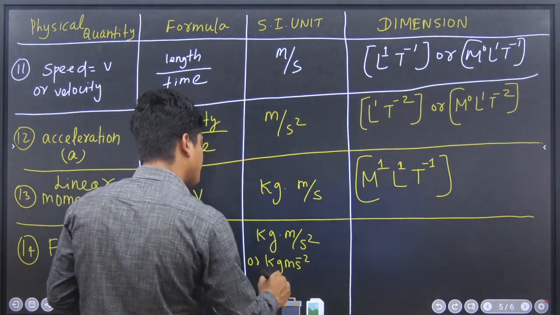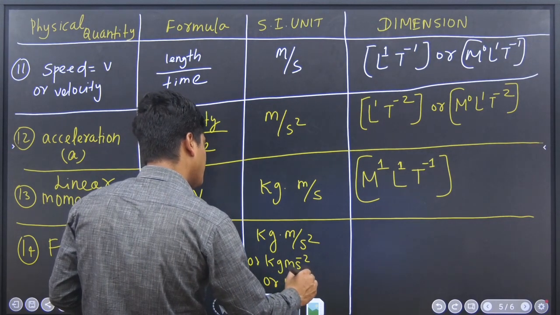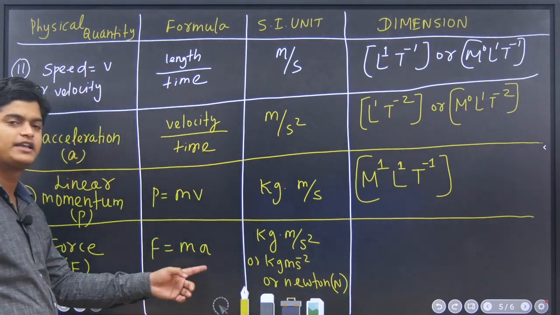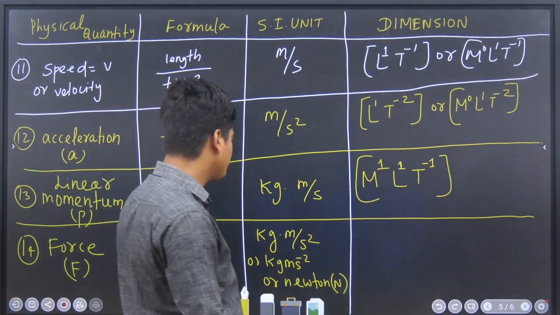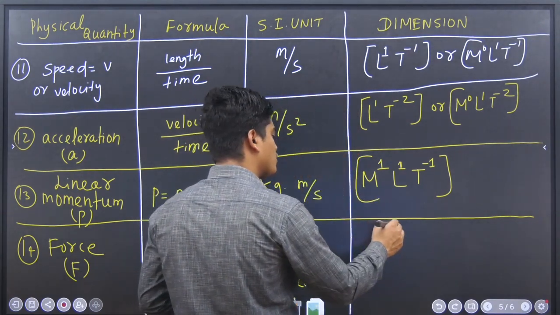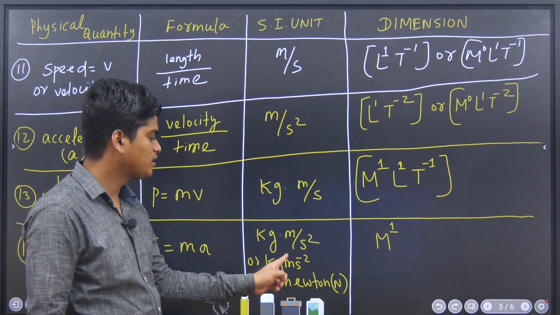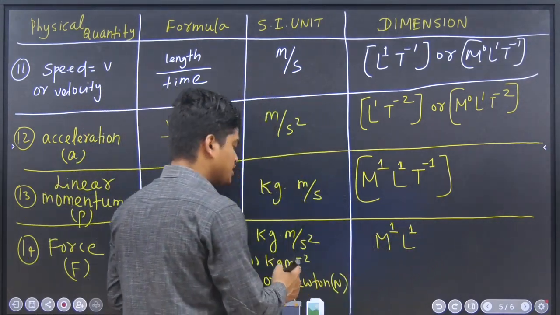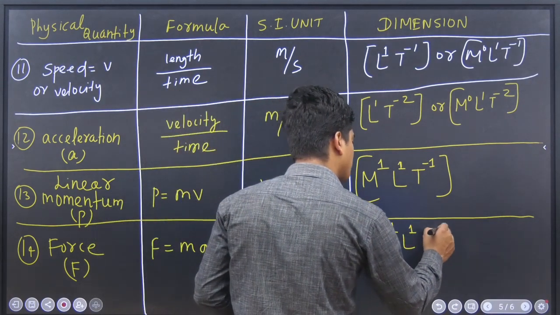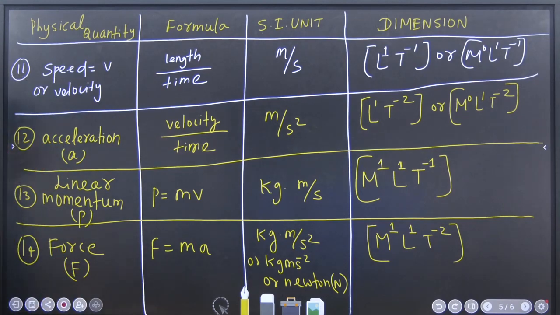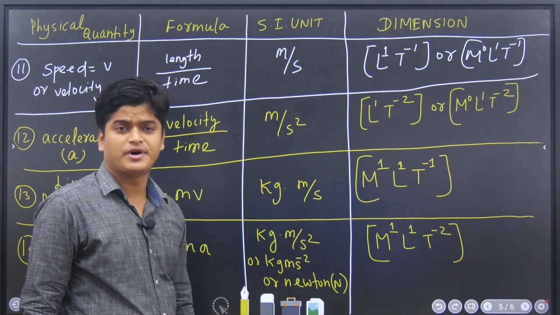This is also called Newton, with symbol capital N. This is the SI unit of force. For the dimension, M occurs one time, so M to the power 1, L occurs one time, so L to the power 1, and second to the power minus 2, so T to the power minus 2. So the dimension of force is M1 L1 T to the power minus 2.